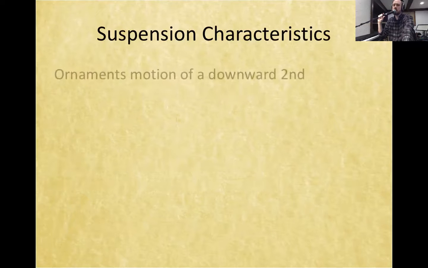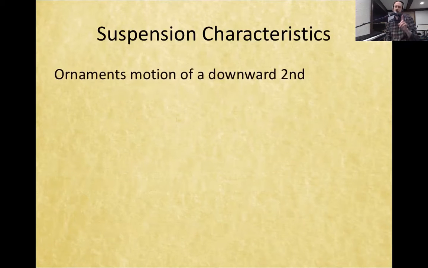So what we're going to do to start is talk about the musical context in which we might find a suspension or be able to use a suspension. And we're going to look at a really stripped down version of it with only 2 voices because it's a lot more clear that way. So we've talked about what kind of spots we would be looking for in order to use a passing tone and a neighbor tone.